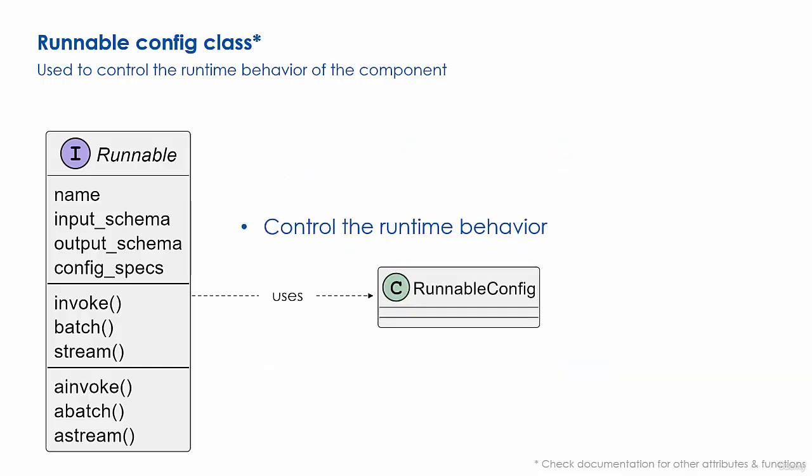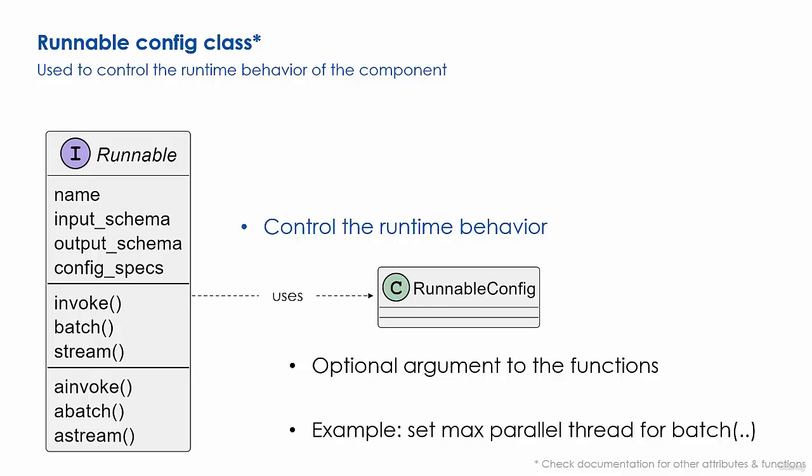At runtime, you control the behavior of these functions by passing an instance of the runnable configuration. Runnable configuration is an optional argument to the functions. To give you an example, you can specify the maximum size of the batch by setting the maximum concurrency in the config instance and passing it to the batch function.